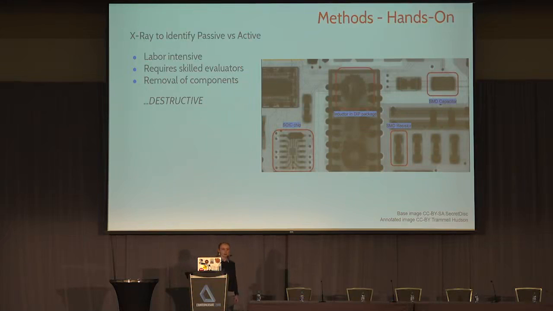So we have the resistor, which is just passive, capacitor on the upper right-hand side. And then we actually have that chip, which is active, or the inductor inside of this DIP package, which is pretty interesting. However, this also is pretty destructive to the board, and it requires removal of the components.